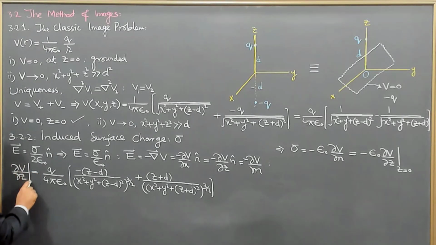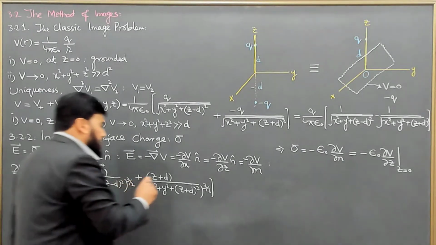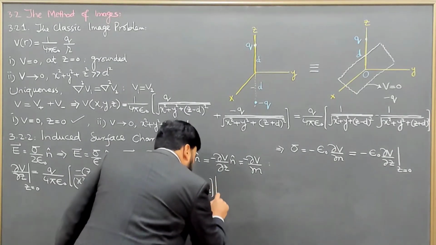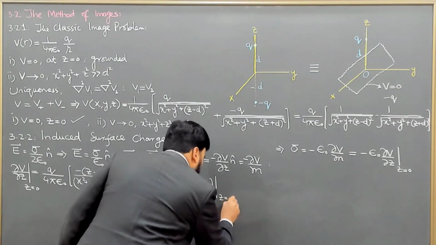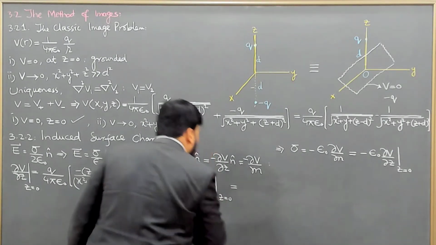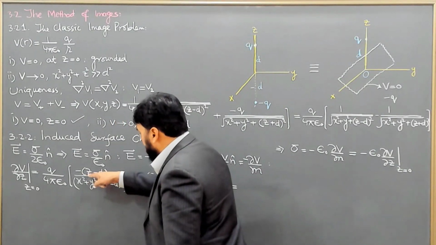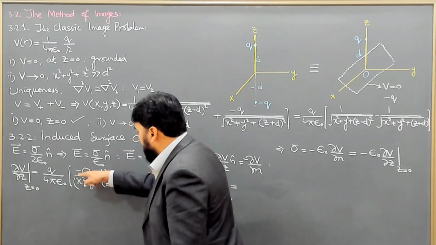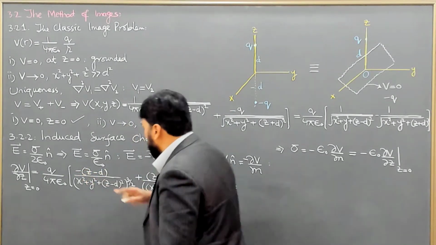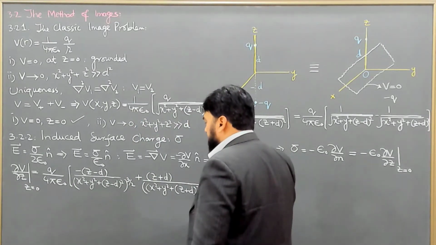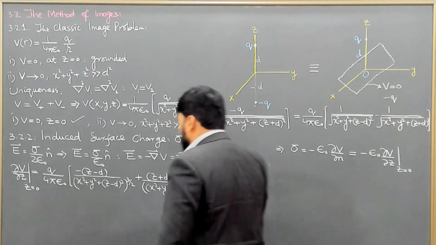Now put z equal to 0 here. So when z equal to 0, this will become 0, and minus becomes plus, and this becomes d divided by x square plus y square and d square.